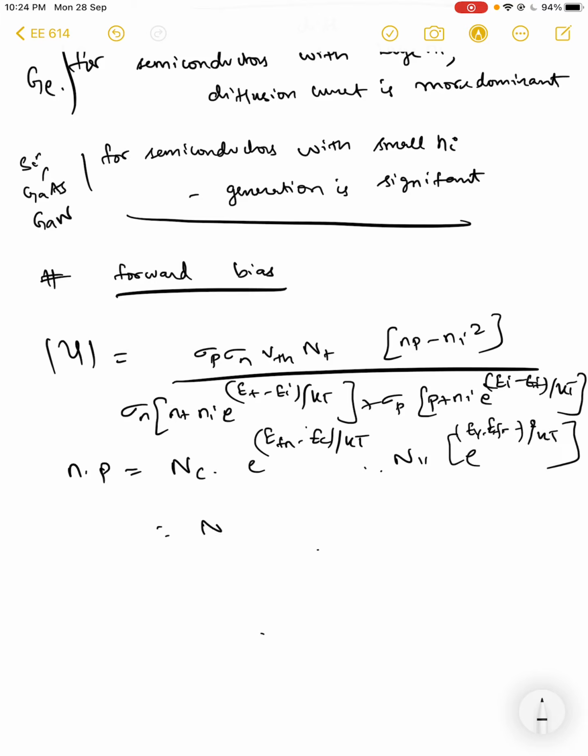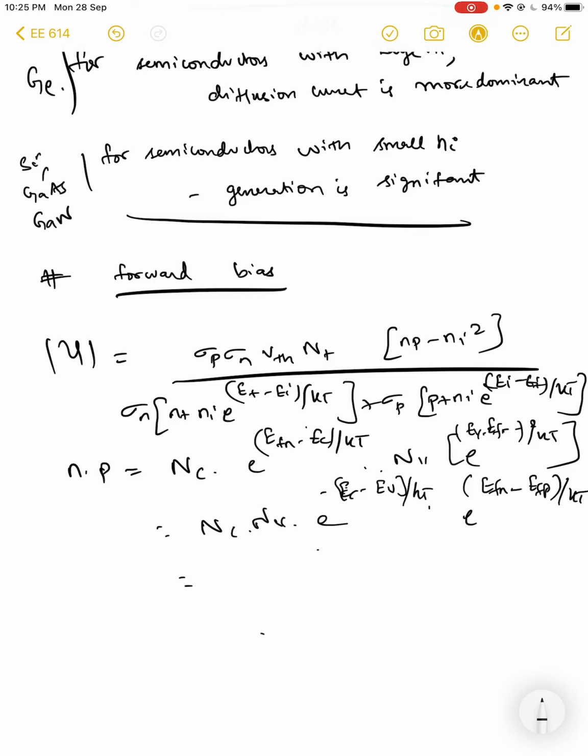This will give you Nc Nv e power minus of (Ec minus Ev) by kT into e power (Efn minus Efp) by kT.